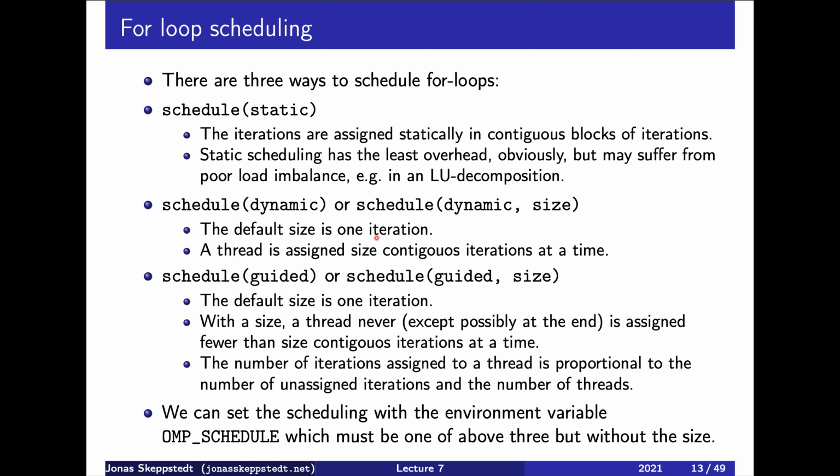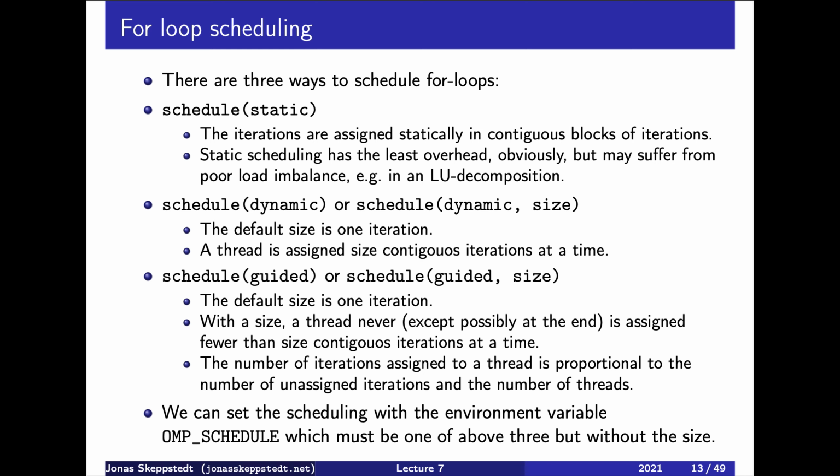There is a slight difference between dynamic scheduling and an alternative, and that is to take into account the number of not yet scheduled iterations, so the number of remaining iterations.